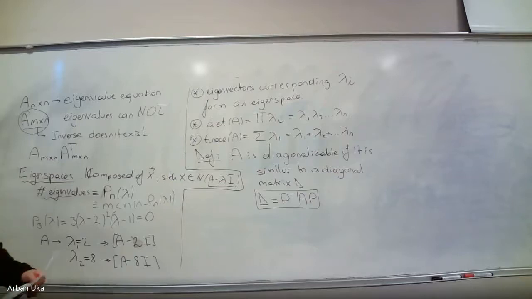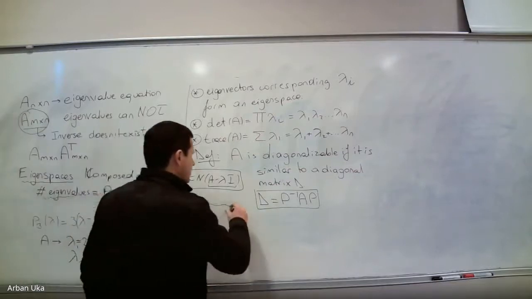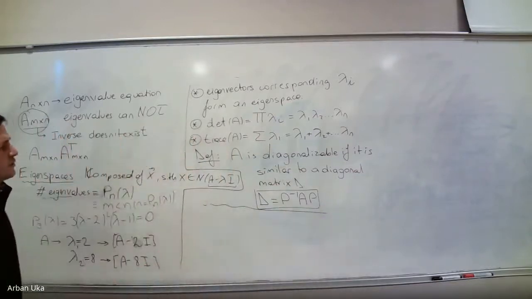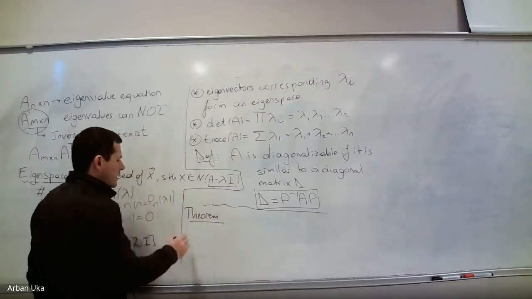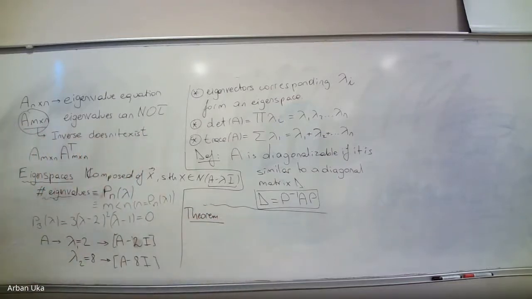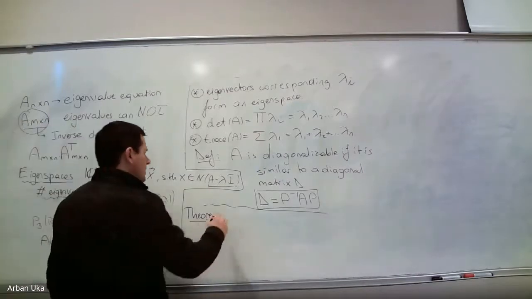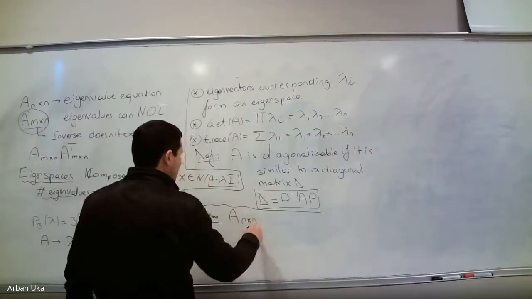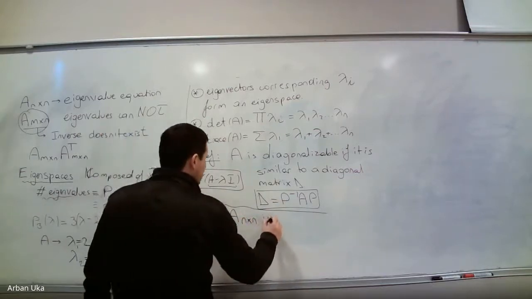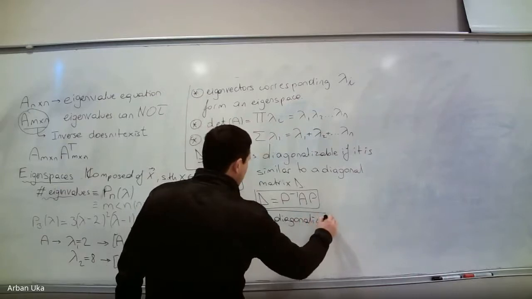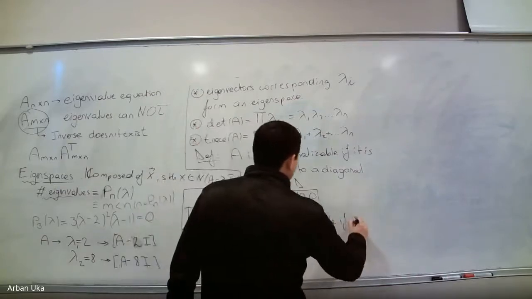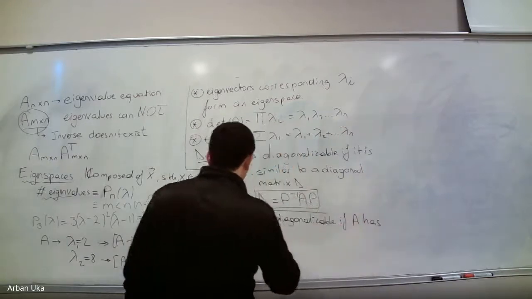So this is another extra definition regarding the diagonalizability of a specific matrix. Now, another theorem that we can put here leads to our intuition of how we can think about matrices and diagonalizability. A n by n, which means a square matrix, is diagonalizable if A has n eigenvectors.